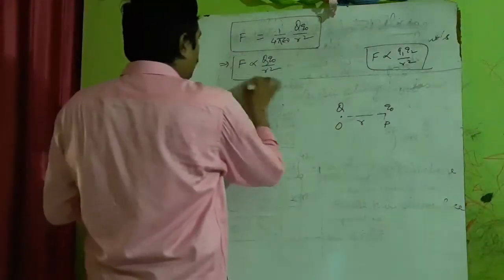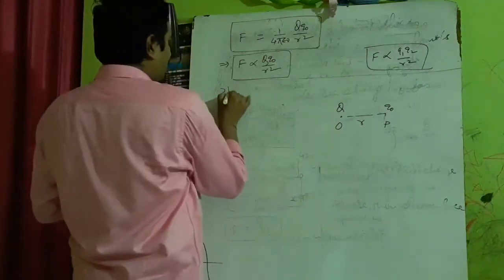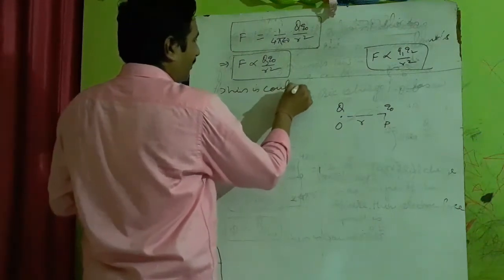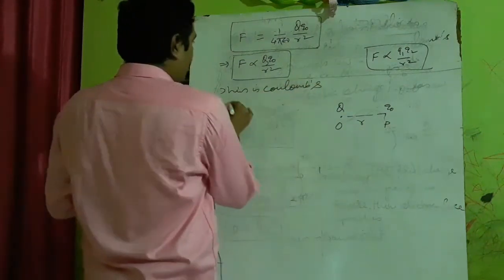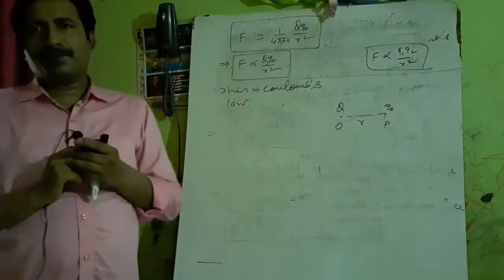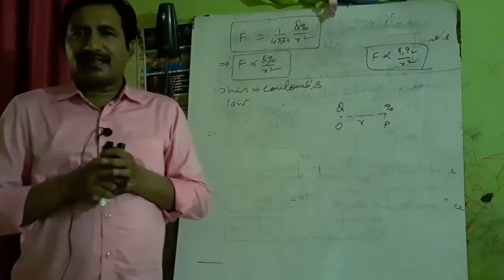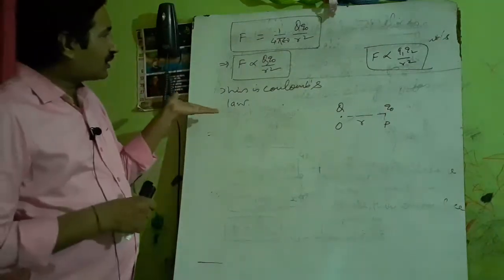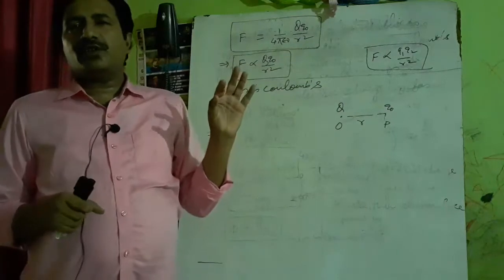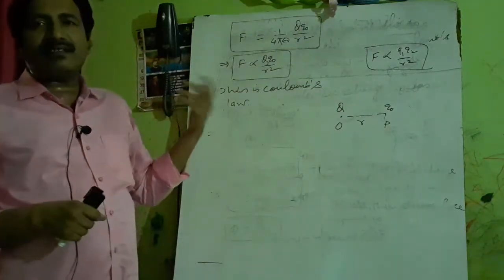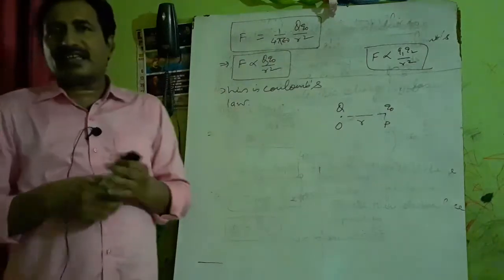This is called Coulomb's law. So by this way you can derive Coulomb's law using Gauss law. Is it clear? Is there any confusion? I think no. If you have confusion, you should replay the video and watch the video twice, thrice, so that you can understand the things.